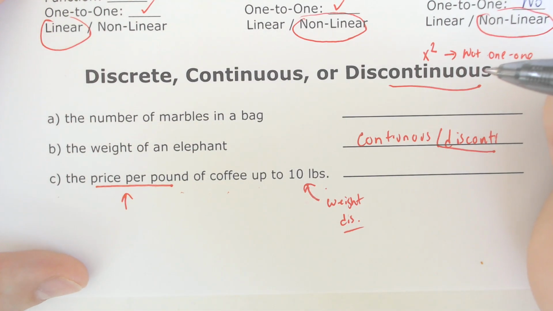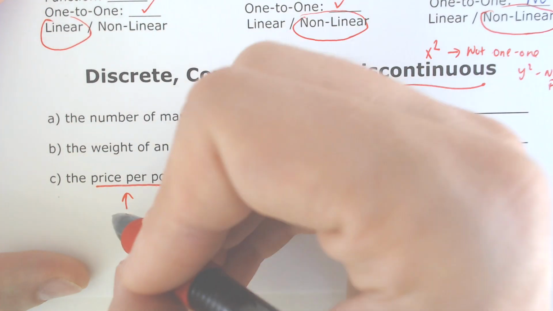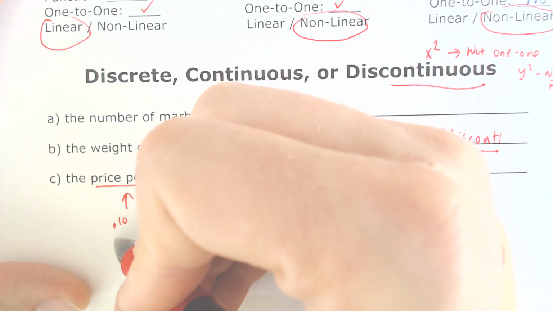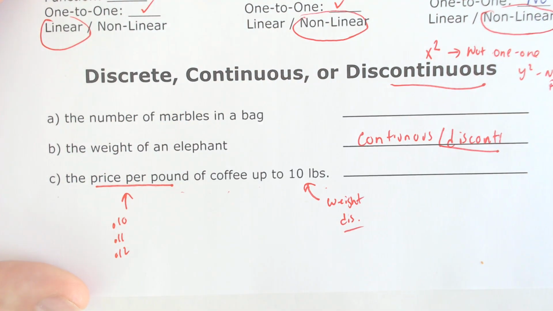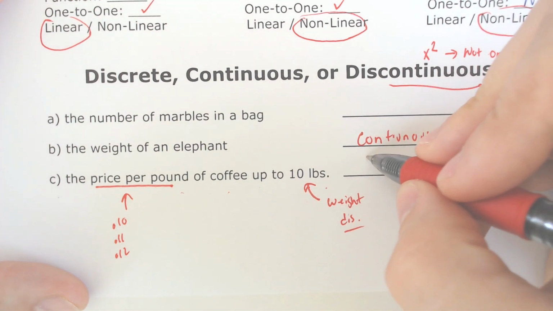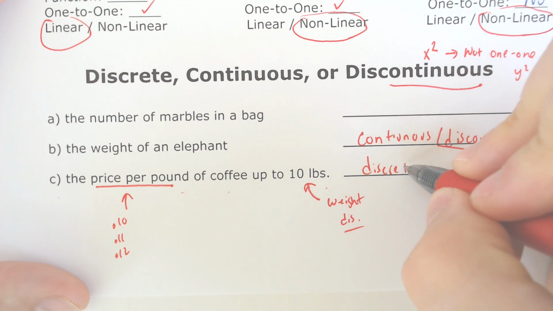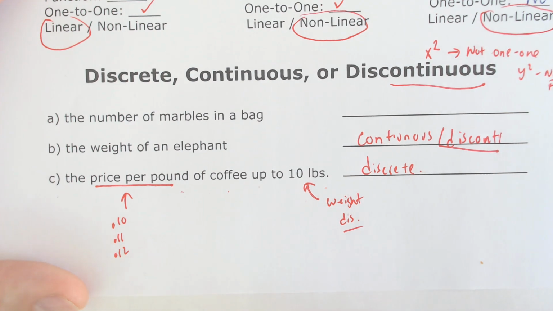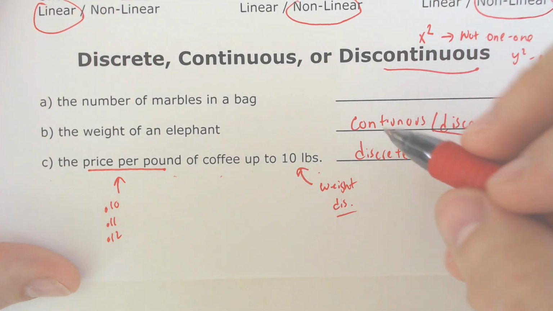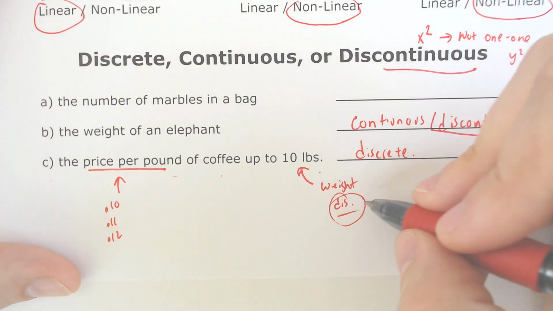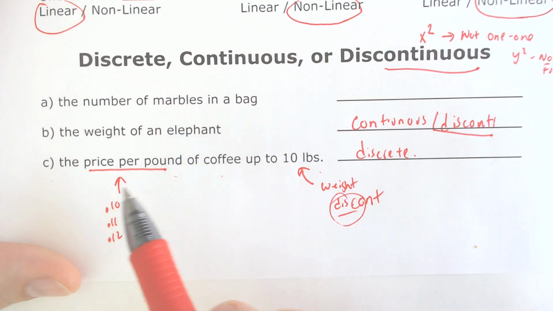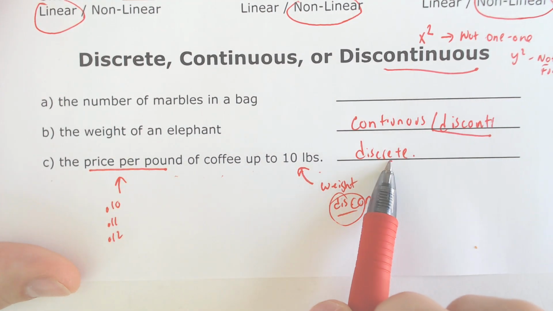And the currency that we're dealing with is a counting thing. You can have 10 cents, you could have 11 cents, you could have 12 cents. You can't really have 12.2 cents. All right? So this one, I would argue, is discrete. It is not fully continuous. The weight is discontinuous, but the actual price per pound is discrete.